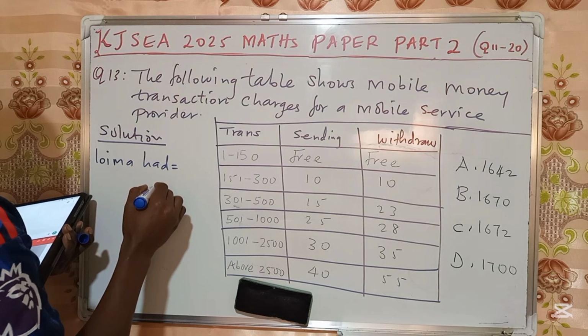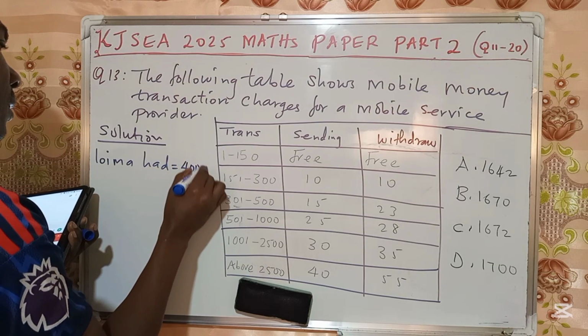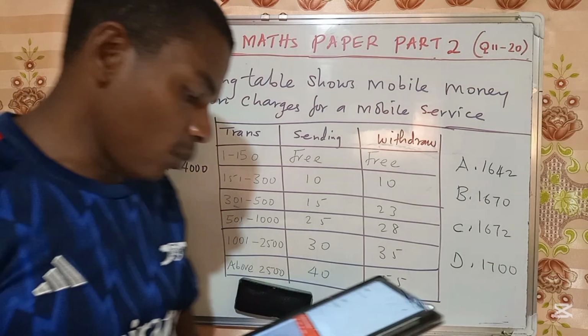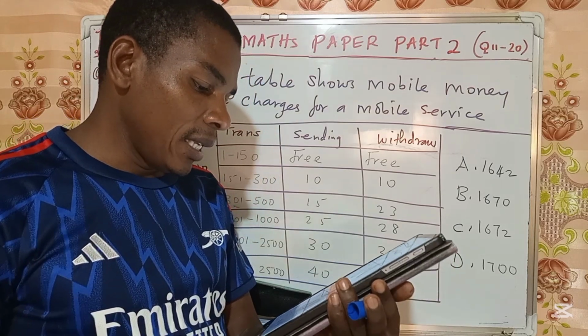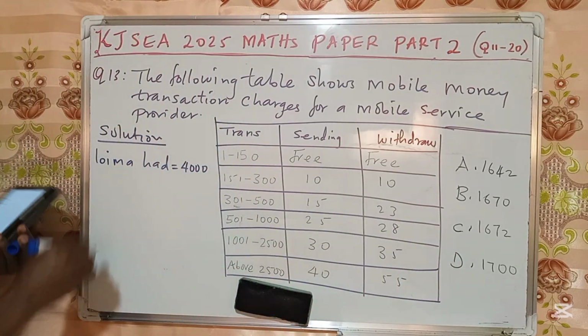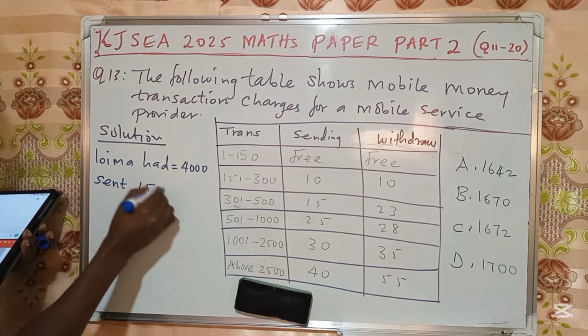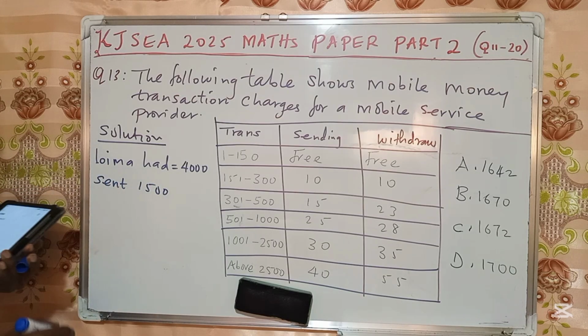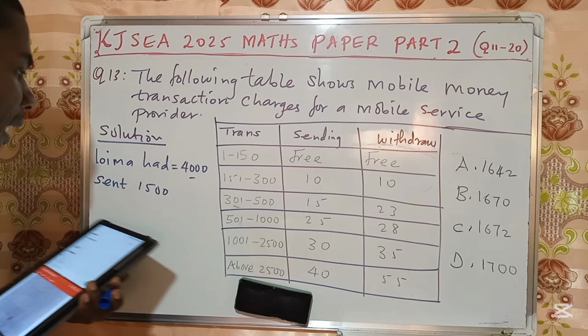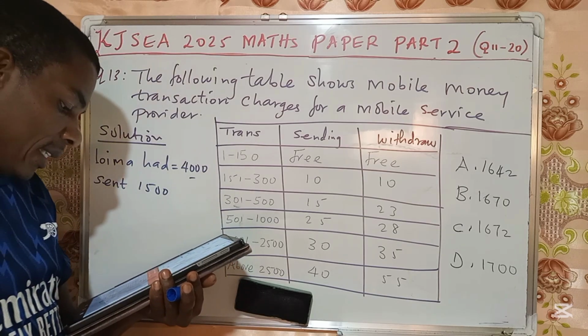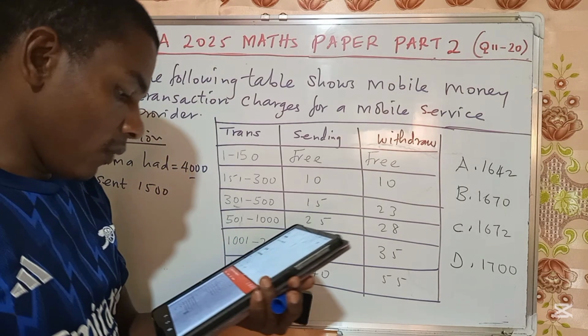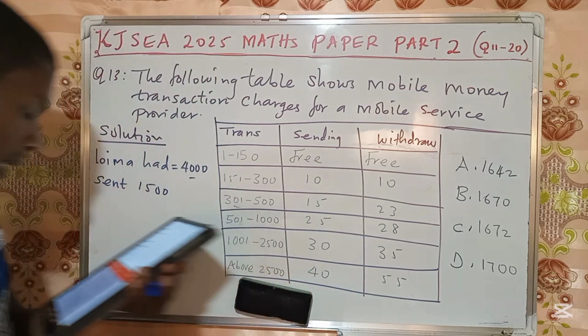So Loima had 4,000 in his mobile money account. He sent Kenya shillings 1,500. So he sent 1,500 shillings to his sister. He had 4,000 in his account, so he sent 1,500 of his money to his sister.